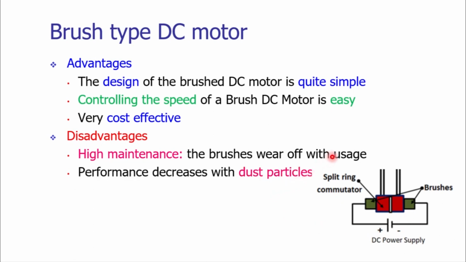If we are using this DC motor in harsh conditions where we have dust particles, the dust particles may lodge on the split ring commutator, and that will lead to inefficient contact of the commutator with the brushes. So certainly there would be a negative impact, and the performance of the DC motor will go down.